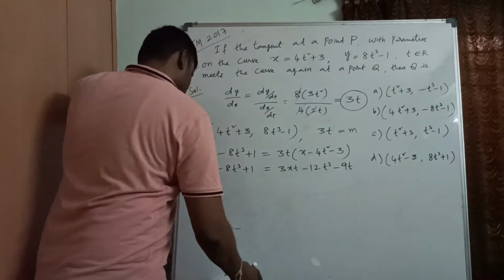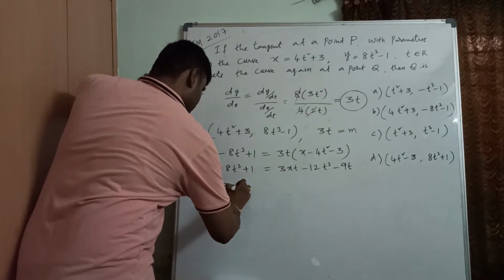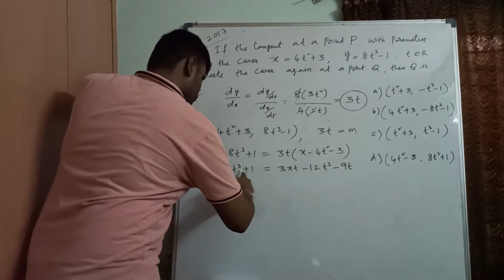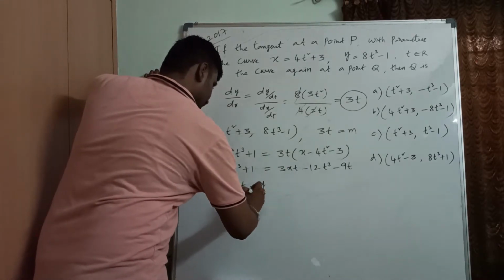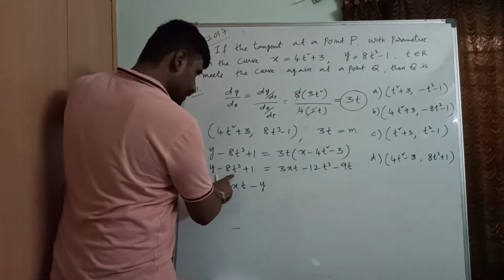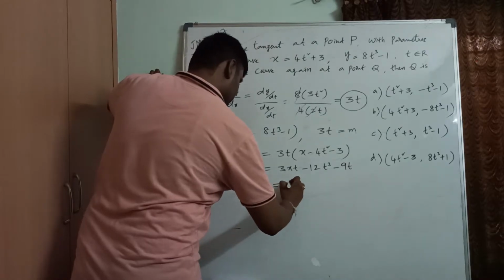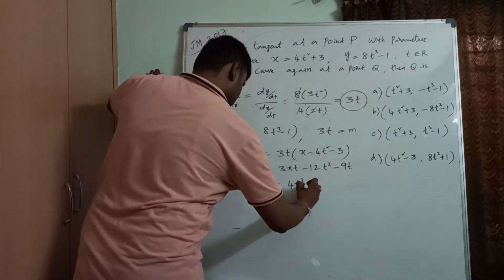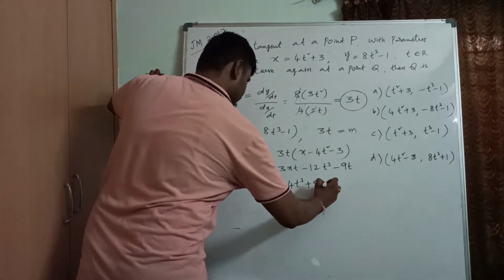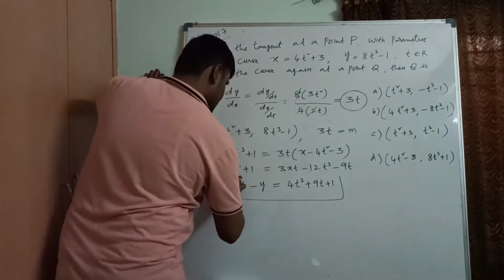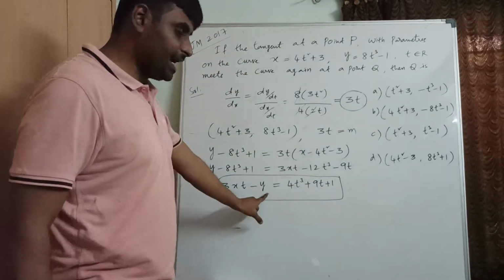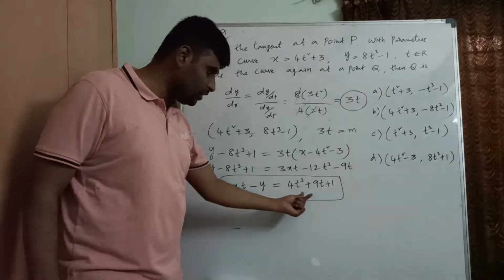By writing all together, the x term is 3xt, the y term is minus y, and 8t cube goes there, so minus 4t cube. Let me write these all separately: 4t cube plus 9t plus 1. That's it. So this is the equation of the tangent: x term, y term, constant term.